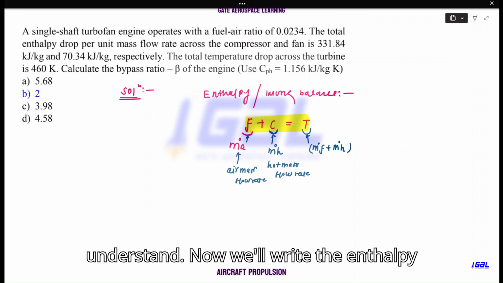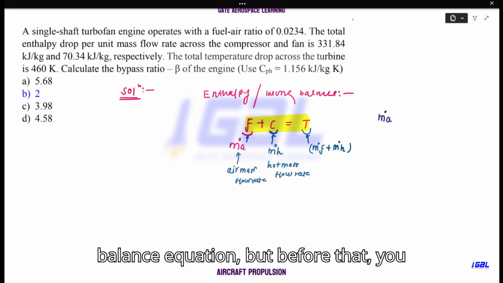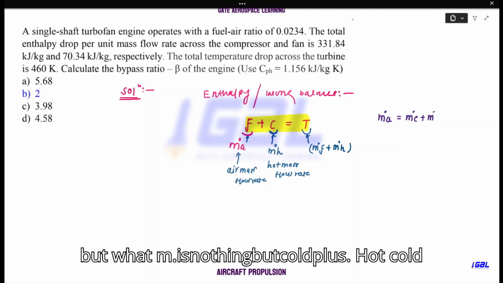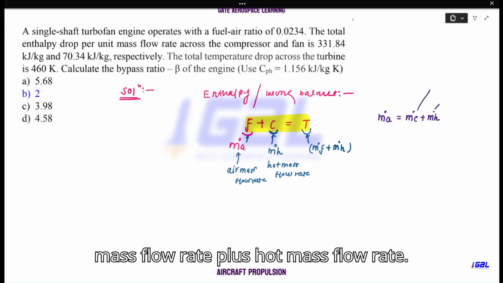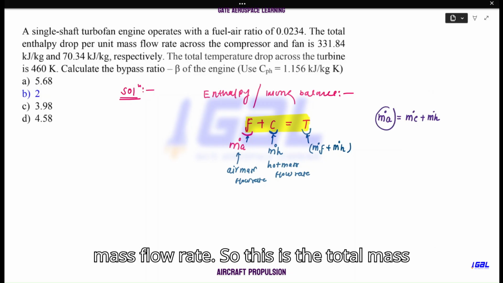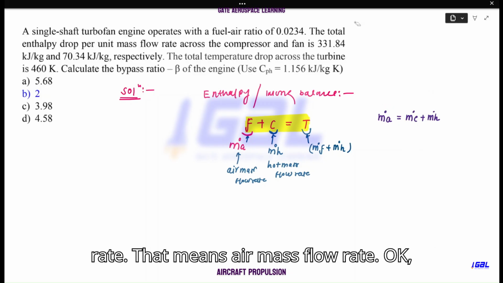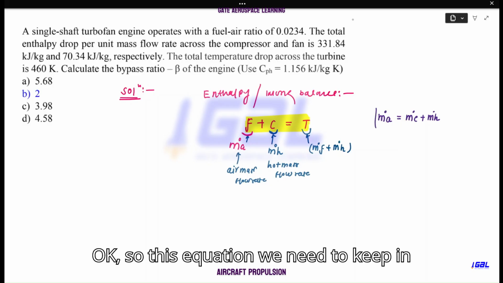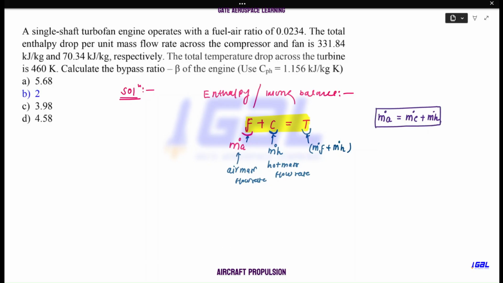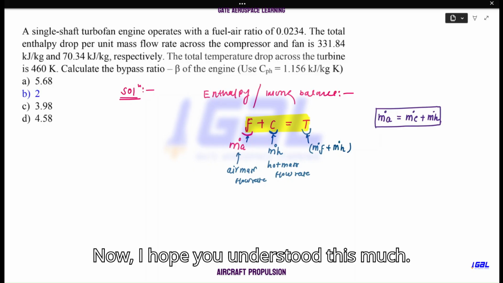Now we'll write the enthalpy balance equation, but before that you need to understand that m dot a is nothing but cold plus hot. Cold mass flow rate plus hot mass flow rate. Addition of this will give you the total mass flow rate, that means air mass flow rate. So this equation we need to keep in our mind. This will help you. Now I hope you understood this much.